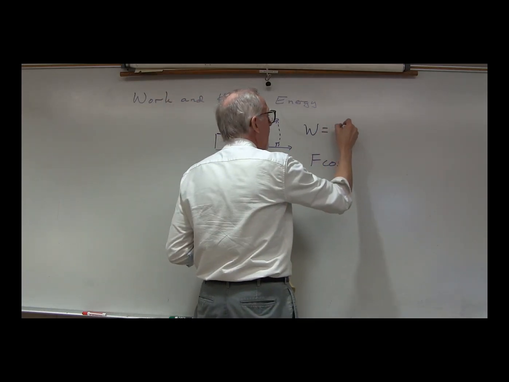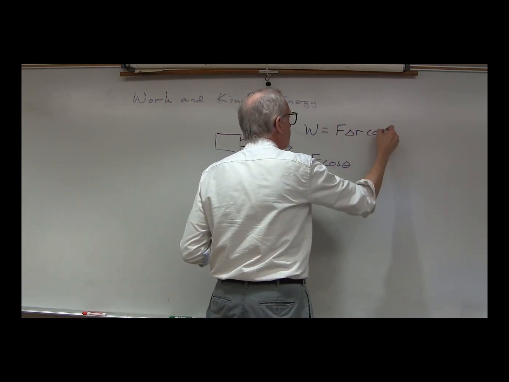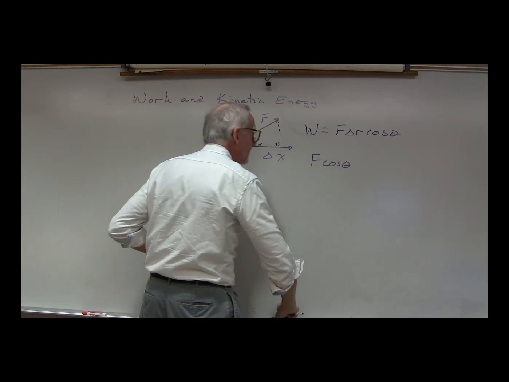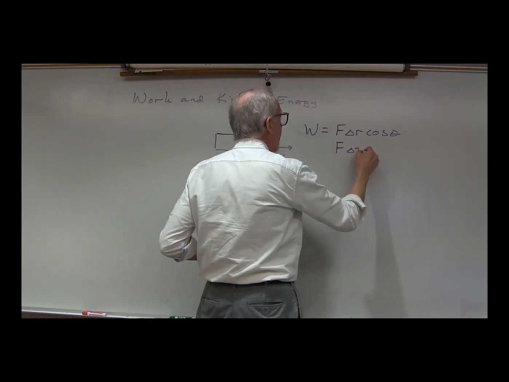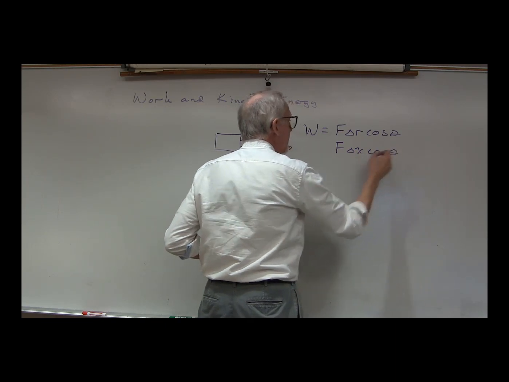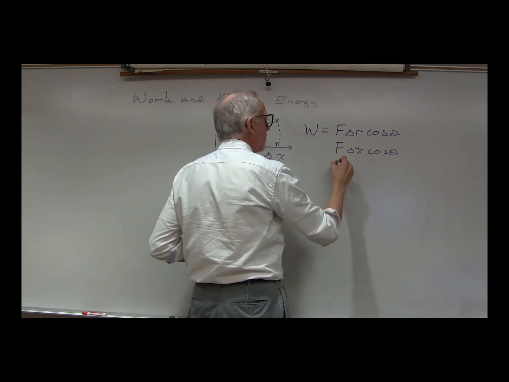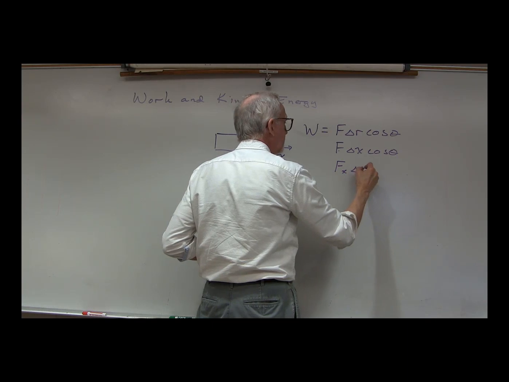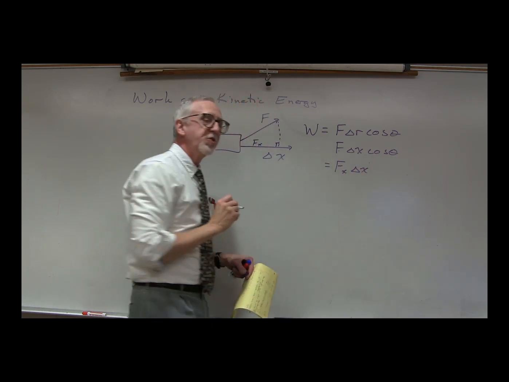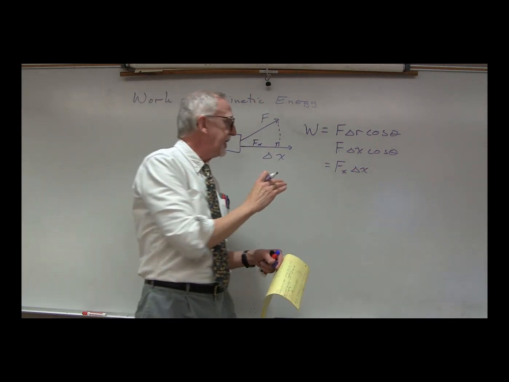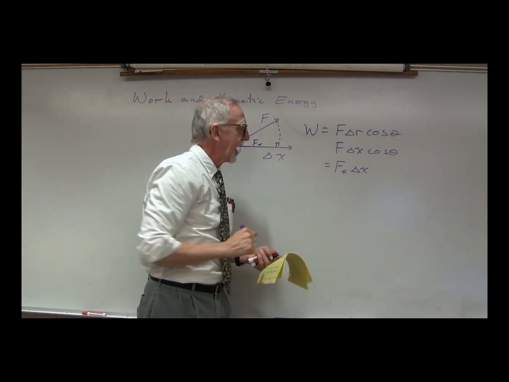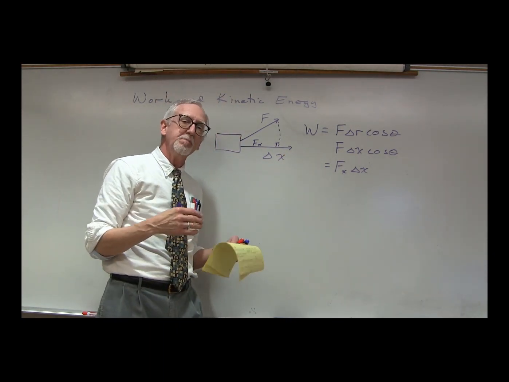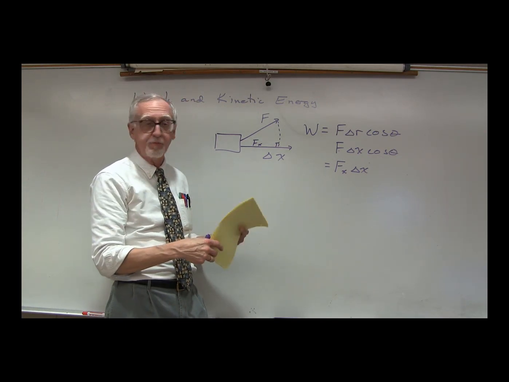So our F delta R cos theta, we can now write as F delta x cos theta, and the F cos theta we can write as F sub x delta x. So just by defining our displacement in the x direction, we can write the work done as the x component of the force times the delta x.